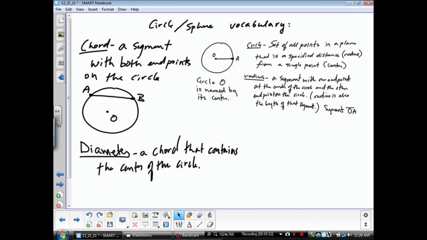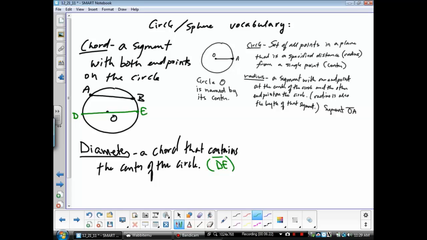So here is a diameter, endpoints on the circle, passing through the center. Call this DE. Segment DE is a diameter. It's also a chord, isn't it? Because it has endpoints on the circle.